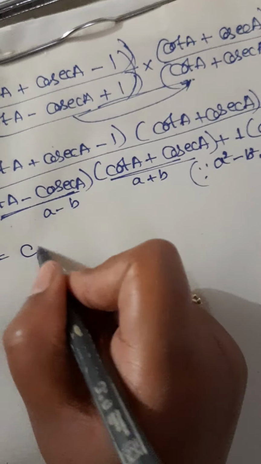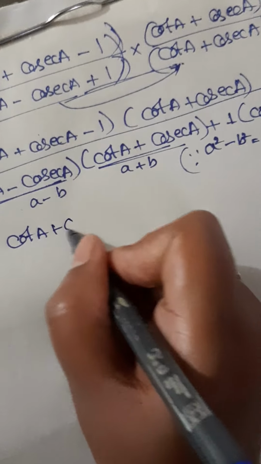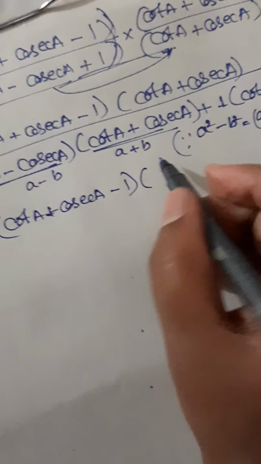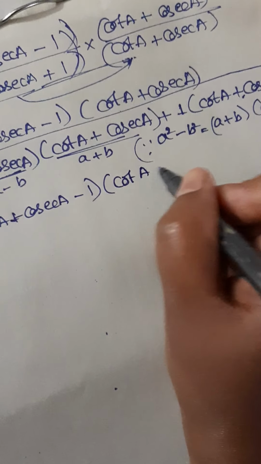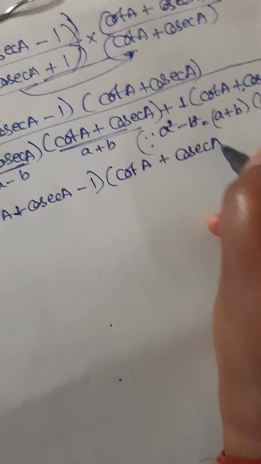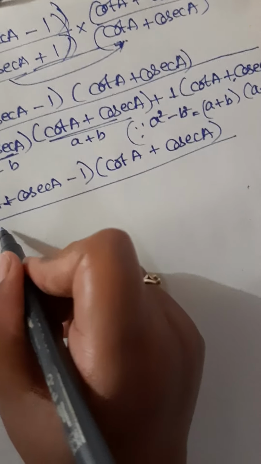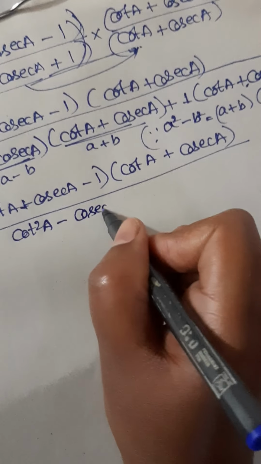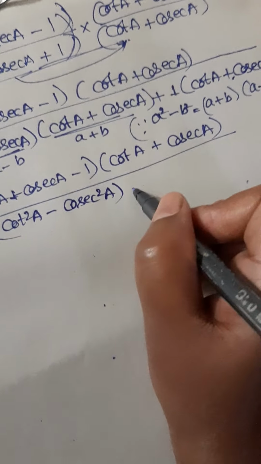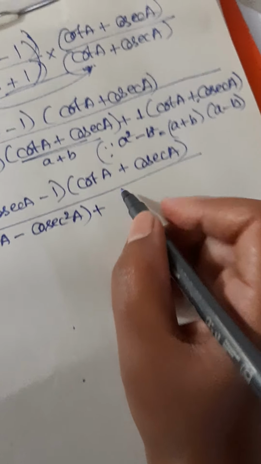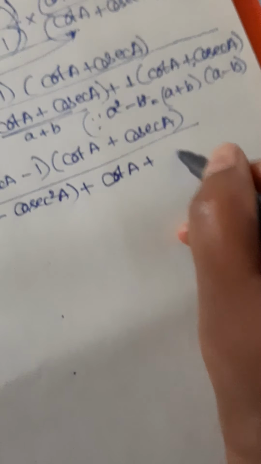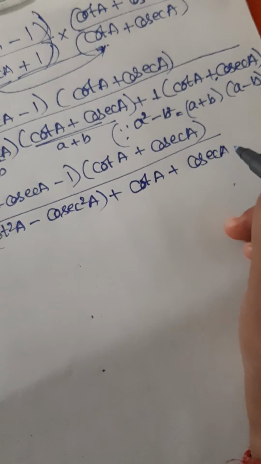So instead of these two brackets, we can write only one: cot A plus cosec A minus 1, cot A plus cosec A, divided by cot square A minus cosecant square A. The plus 1 is already almost the same, so let's open this bracket also. This is cot A plus cosecant A.